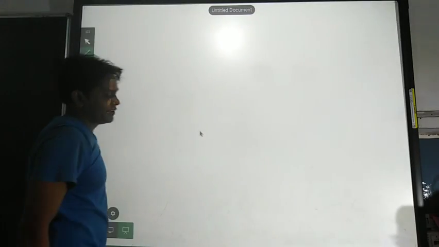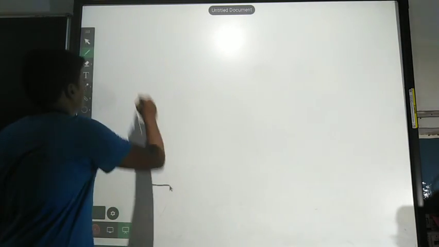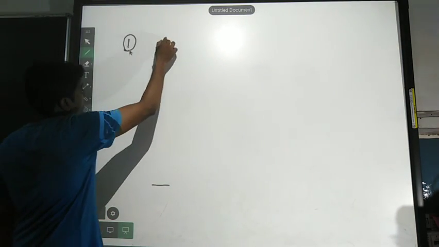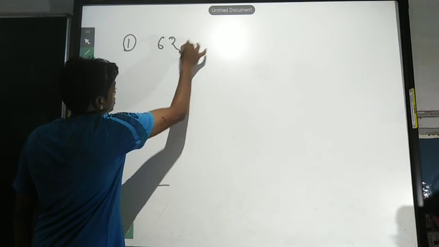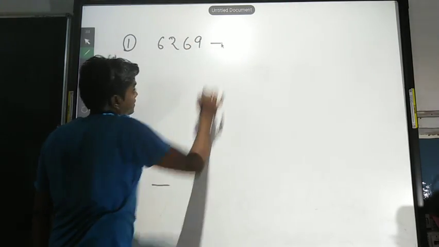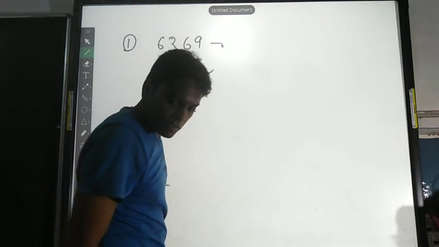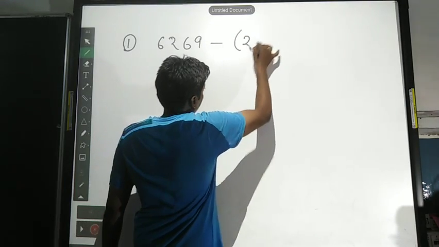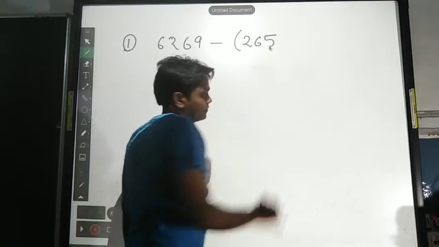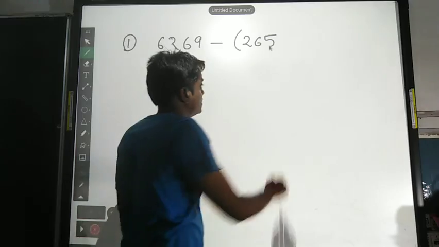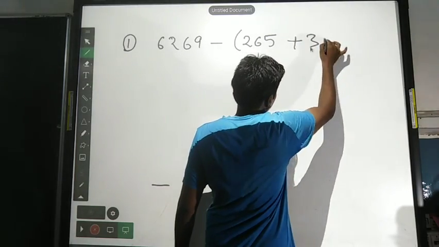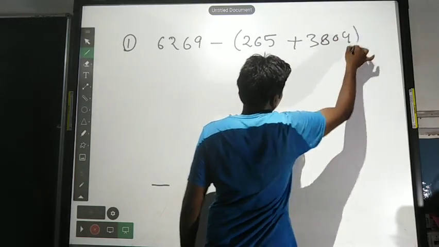Okay, so let us take one question from your own book, the first question of your exercise: 6269 minus (265 plus 3804).